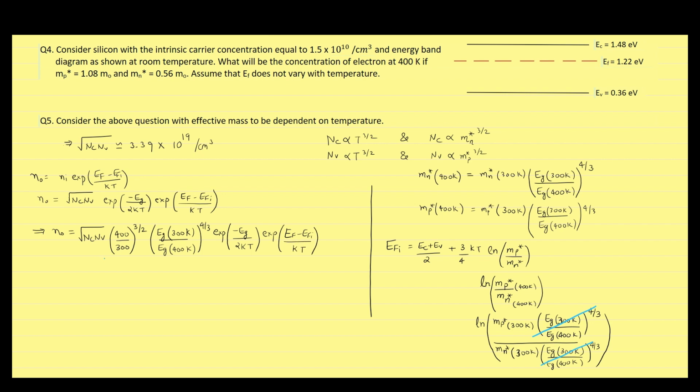I hope you can understand that this factor comes from the temperature dependency, and this factor comes from the fact that Nc is actually dependent upon the effective mass raised to the power 3 by 2. You should keep in mind that the value of under root Nc into Nv which we found was valid at 300 Kelvin only. If the temperature changes, then we have to introduce these terms also.